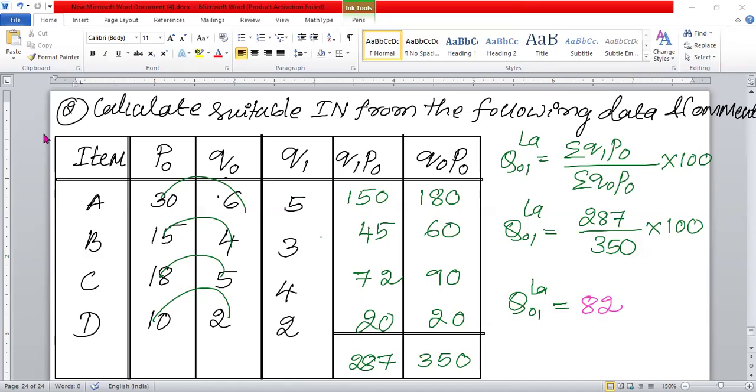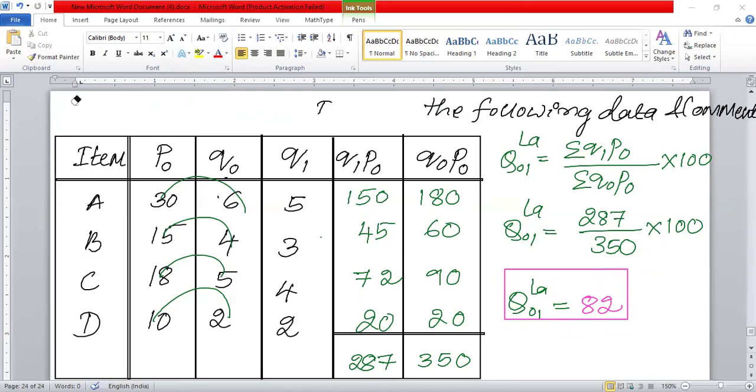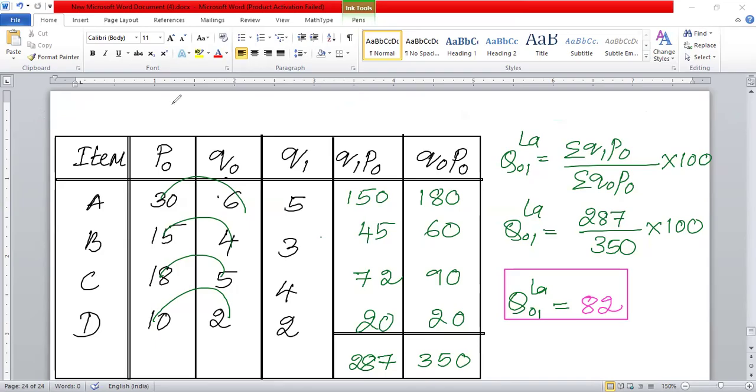So the percentage relative to the base year is less. So you have to write the comment.